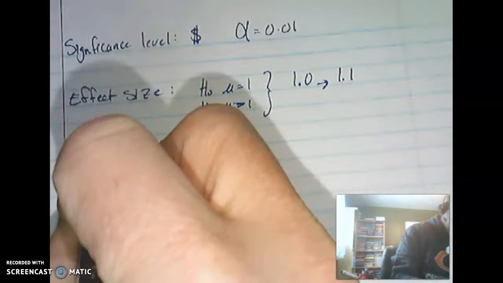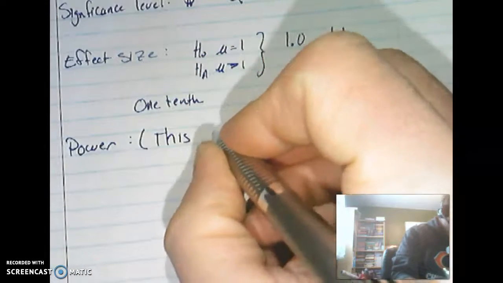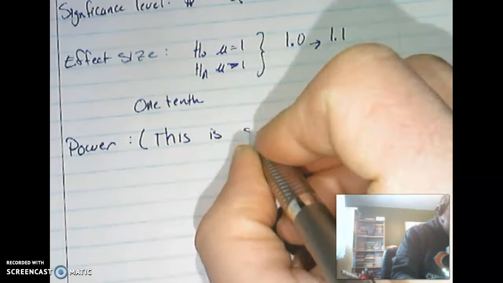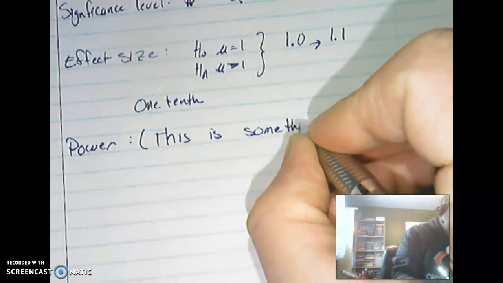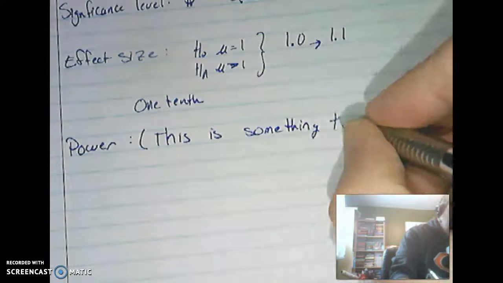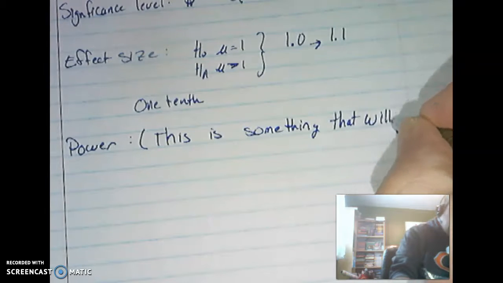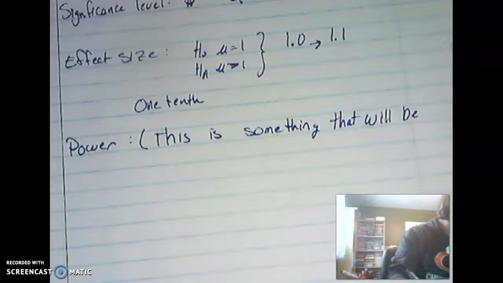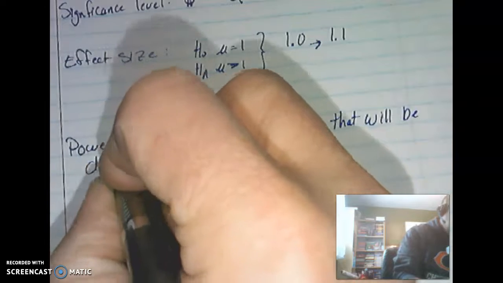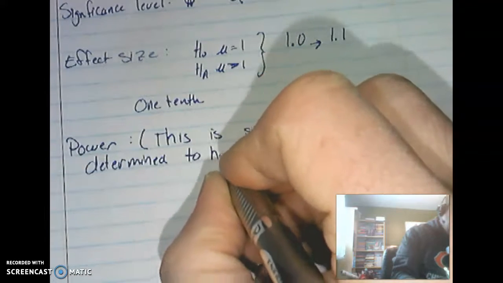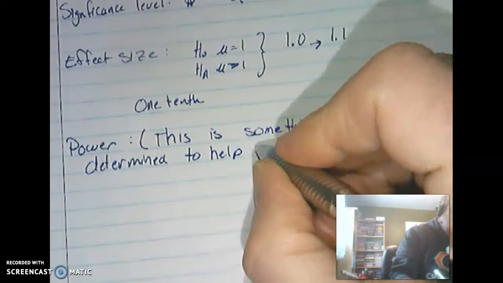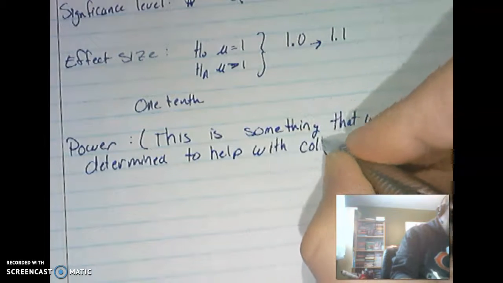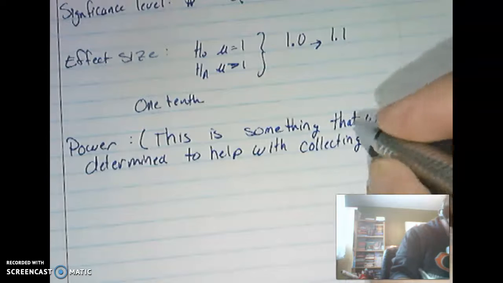Then power. What I put down here is something that will be determined to help with collecting the data.